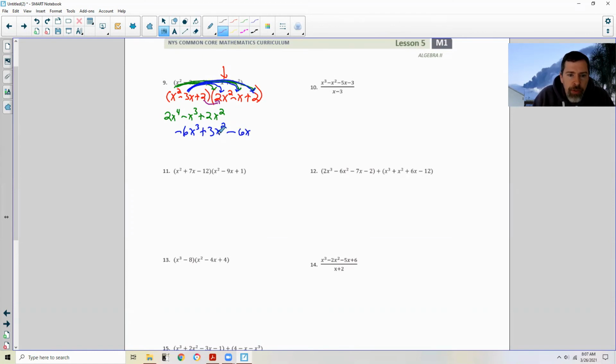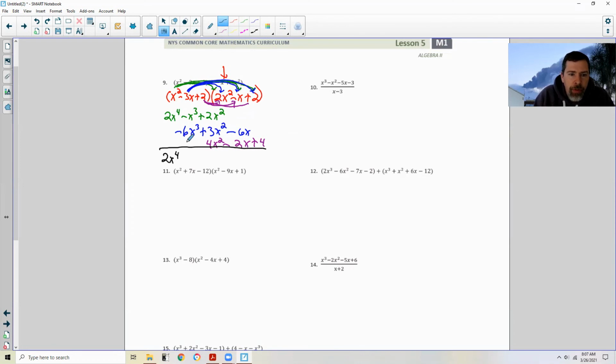Put it under the x squared term, 4x squared. 2 times a negative x is negative 2x, lines up with the linear term. 2 times 2 is 4. Okay, so if you line it up like this, then we're done, and we just bring these down.